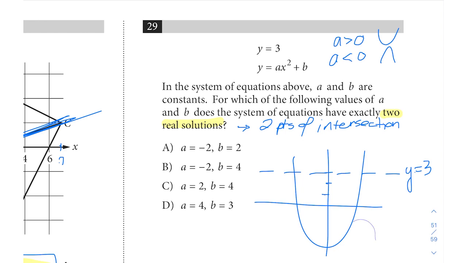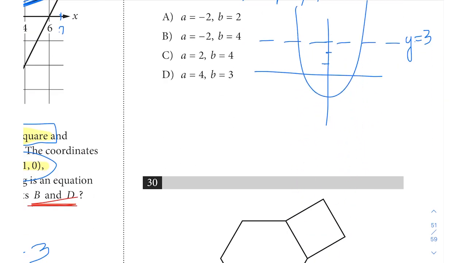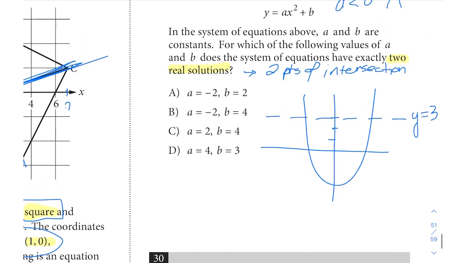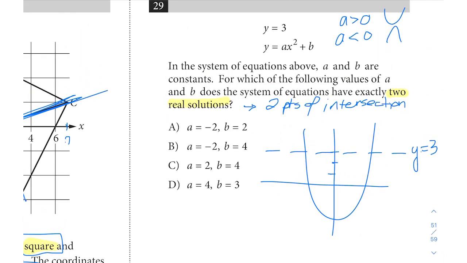That just tells us for our parabola, for example, if this were our parabola, the value of B will tell us where that's moving. So it might move up or down accordingly, maybe not down that far, but up or down accordingly, depending on that value of B. So let's look at both of those together for each answer choice. So for answer choice A, -2 means it'll face down, and then a value of 2 for B means it'll cross your y-axis.